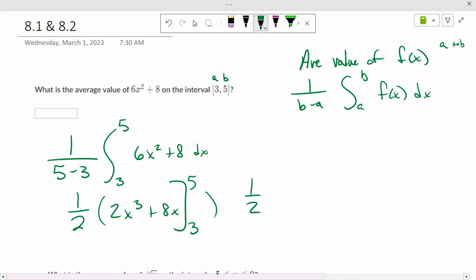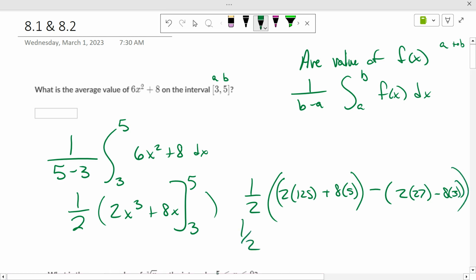So it's 1/2 of 2 times 125 plus 8 times 5, minus 2 times 27 minus 8 times 3.